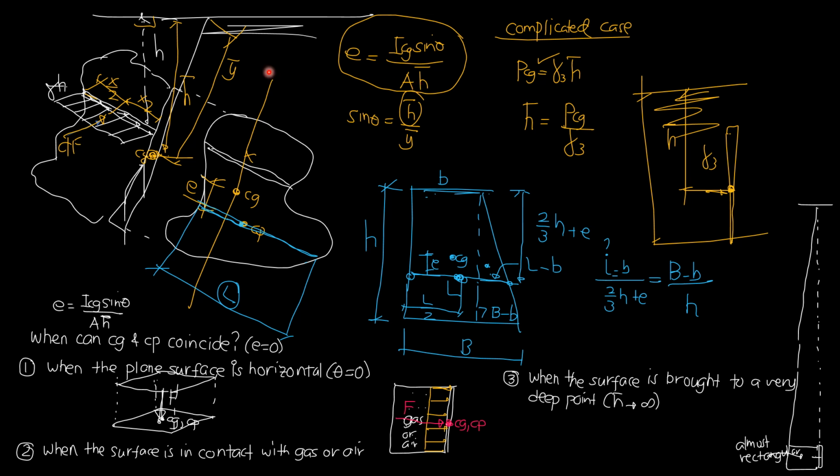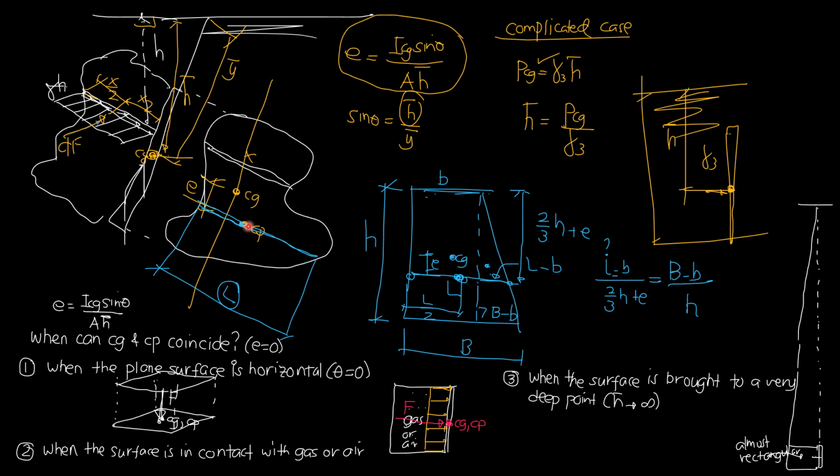Because sine of theta, where angle theta is here, is equal to bar h divided by bar y. So this would be one of the complicated cases.